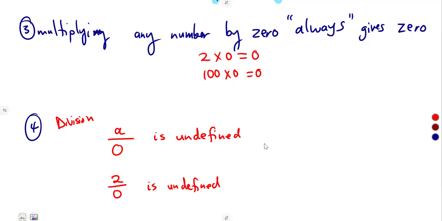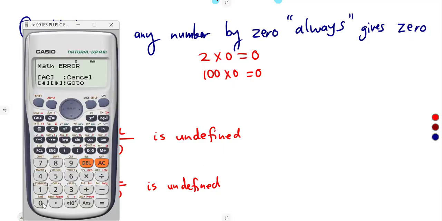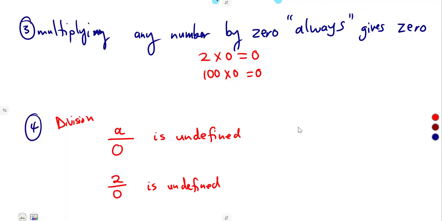But 0 divided by a number, like 0 divided by 10, the answer is a 0. 0 divided by 100, 1000, whatever you have, the answer is a 0. So that one, you must be very careful.